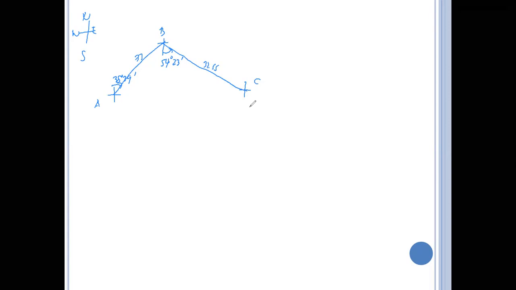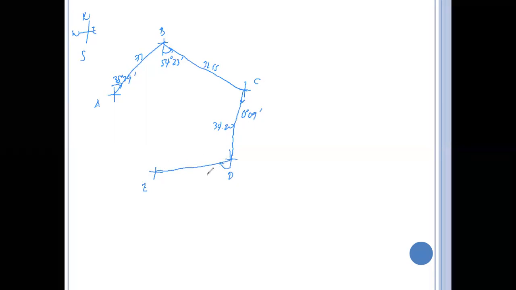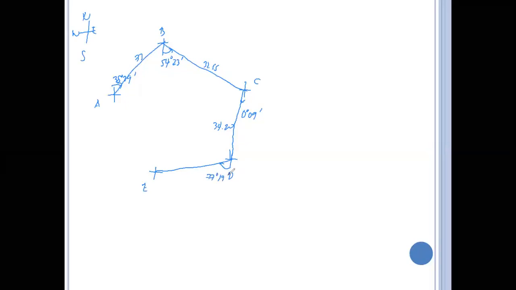C to D is southwest, the angle here is 009, then 34.20. Then D to E is southwest still, this time 77, then 26.39. Then E to A.